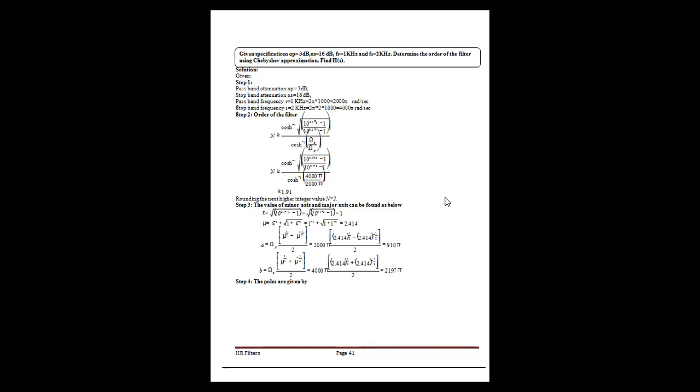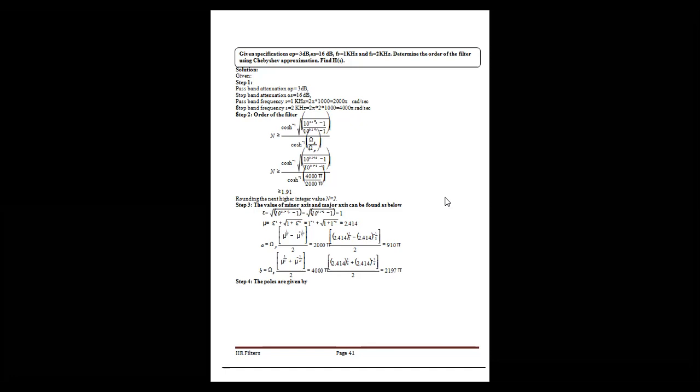Step 2, we need to find the order of the filter. So how will we find the order of the filter? n should be greater than or equal to cosh inverse of square root of (10 to the power of 0.1 alpha s minus 1) divided by (10 to the power of 0.1 alpha p minus 1), divided by cosh inverse of omega s divided by omega p.